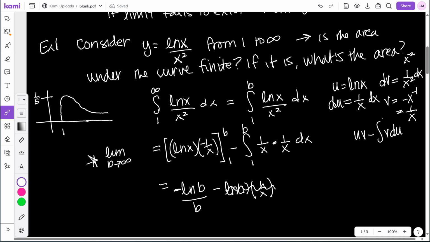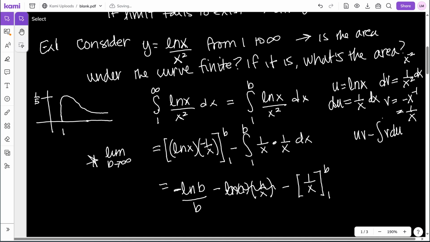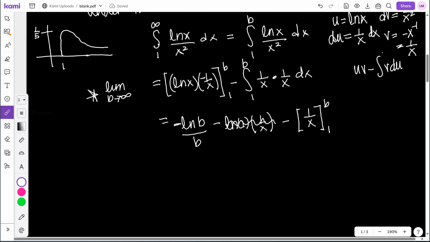Now I have to integrate this one. So this is really x to the negative 2. I've already integrated that. So this is going to be minus, we know this is negative 1 over x, and we're integrating that from 1 to b. So I've already evaluated this.